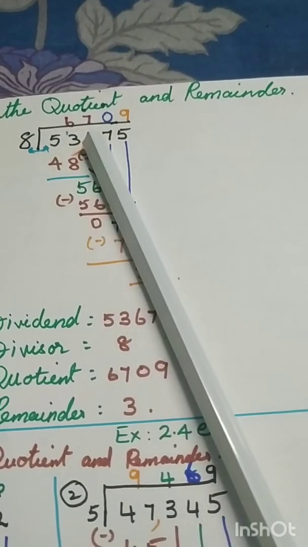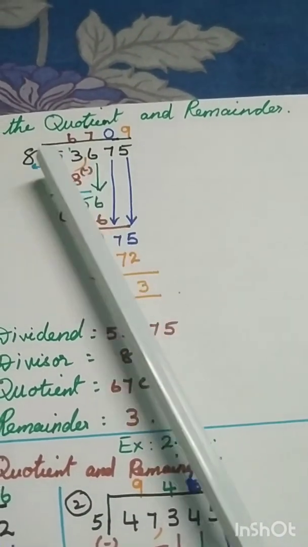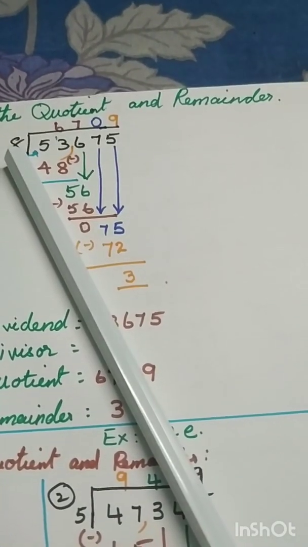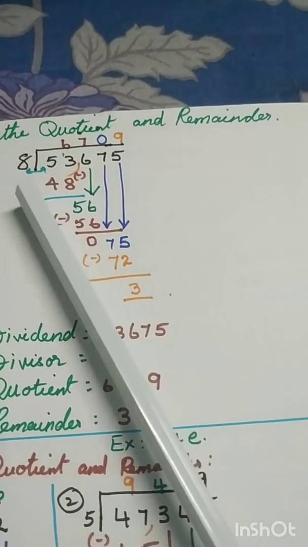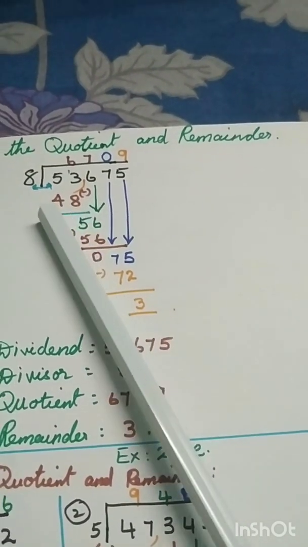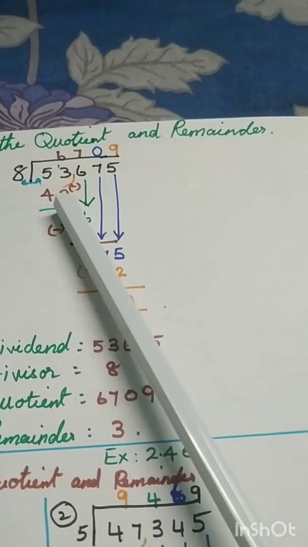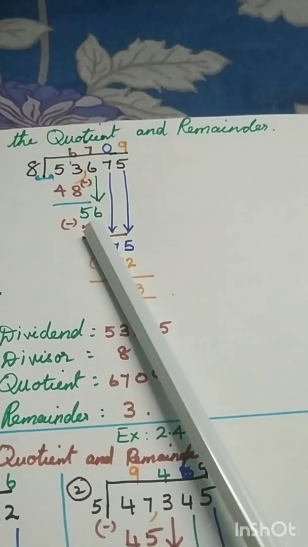So you can take two numbers, 53. What will be the product in the 8 multiplication which will be lesser than 53? It will be 48. So 8 6s are 48. Subtract that and you will get 5.